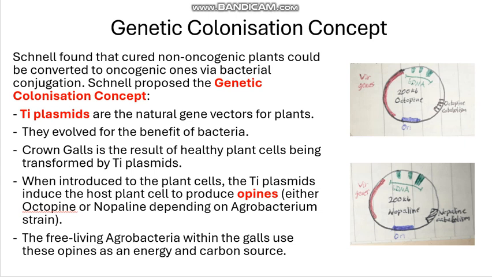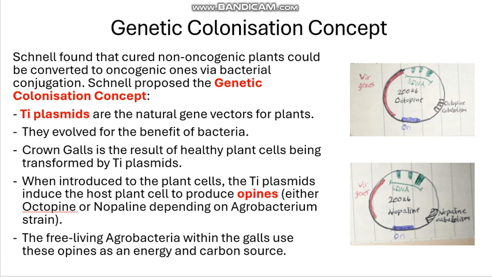The crown galls are the result of the healthy plant being transformed by these Ti plasmids. When introduced to the plant cells, the Ti plasmids induce the host plant cells to produce these carbon-rich molecules that the agrobacterium use for energy, called opines.